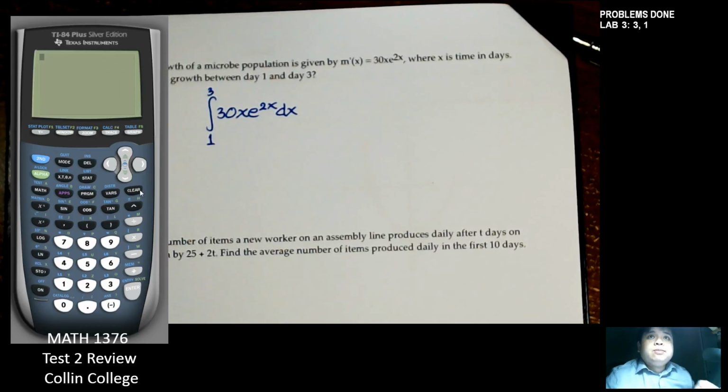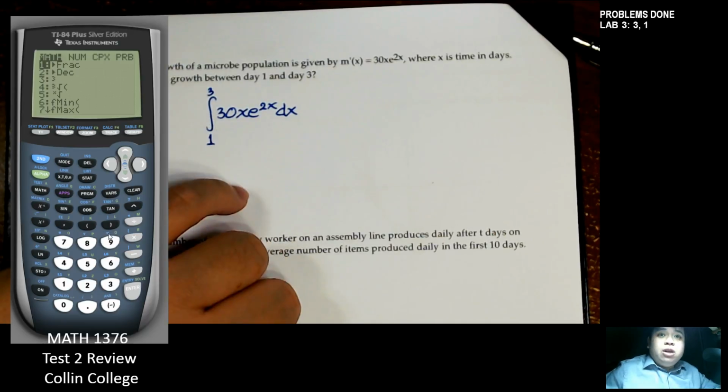So the calculator, under math. After this one, we'll go to number 17 on lab 3.